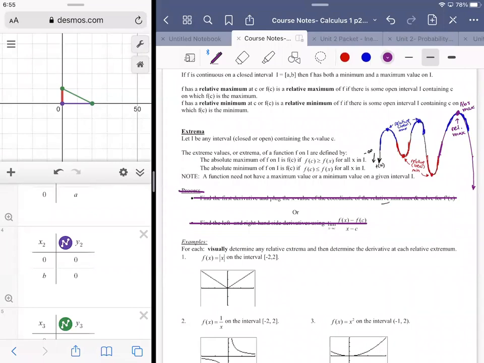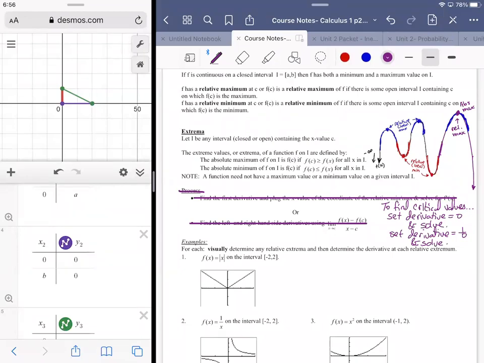But to find critical values, set the derivative equal to 0 and solve. Set the derivative equal to 1 over 0 and solve.